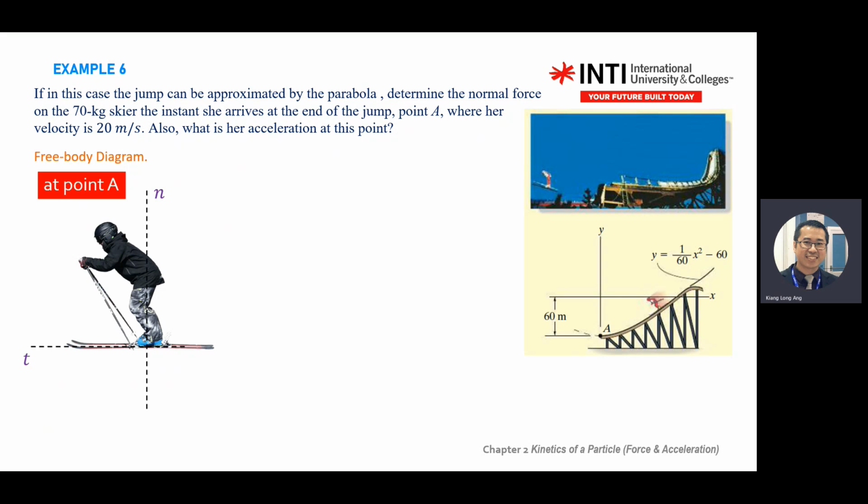What forces do you have in the free body diagram, Nicole? Every time you draw a free body diagram for chapter 2, what is the first thing you put? Weight. Then what else? Friction. Is the friction coefficient given?